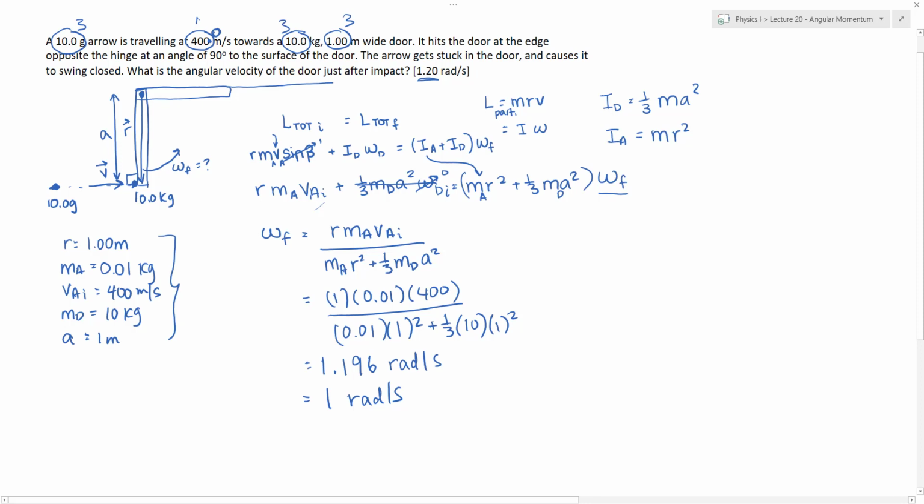The key to remember here is that if the r vector and the velocity vector are perpendicular to each other, we don't really need to worry about this sine beta piece. Very rarely you will see that there is an angle between them, and that's when you have to put your sine beta in. All right, I hope that helped.